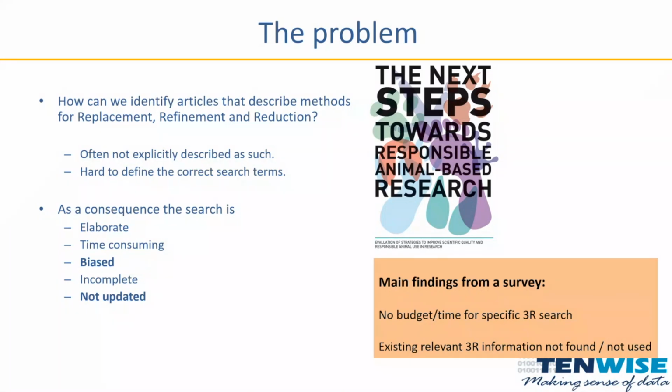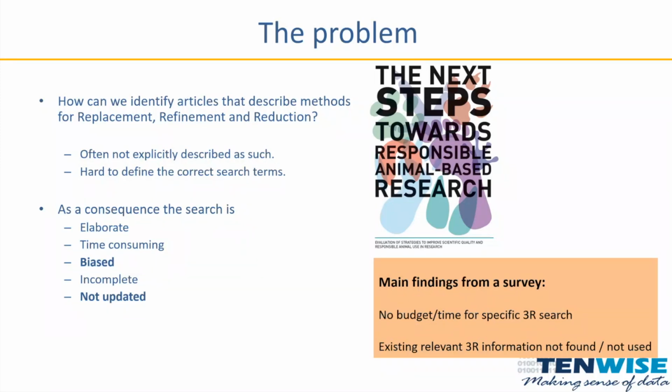They just describe a very good in vitro assay, for example. So you will not find those articles when you search with 3R terms or with terms like organoids, etc. So it's very hard if you go into PubMed or another database to really get an unbiased, updated, complete search if you have limited time and budget.